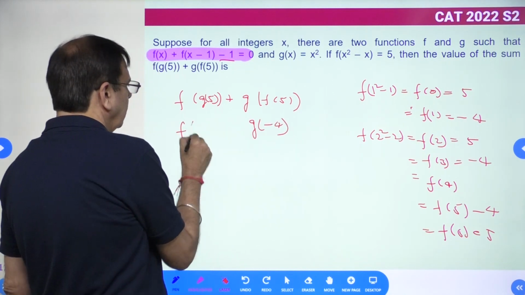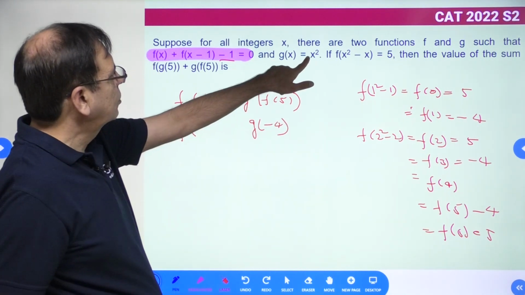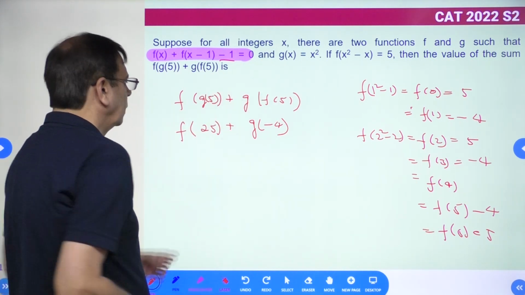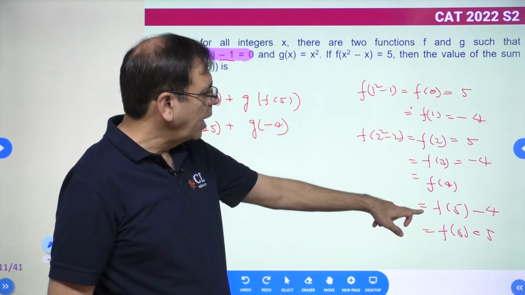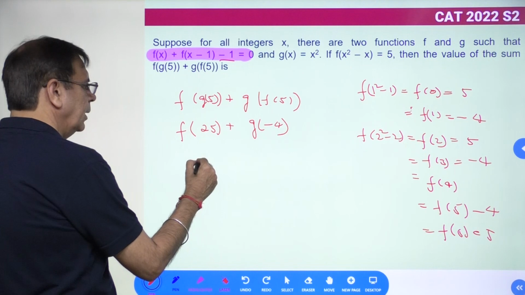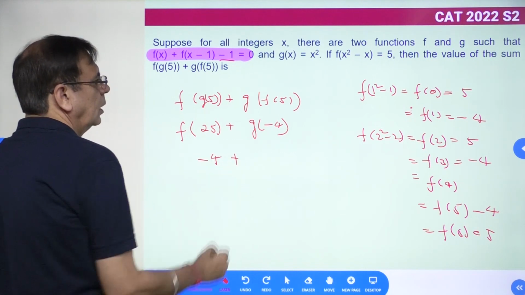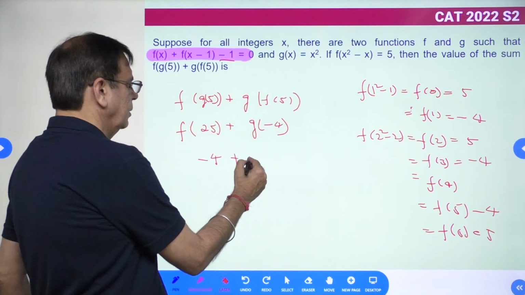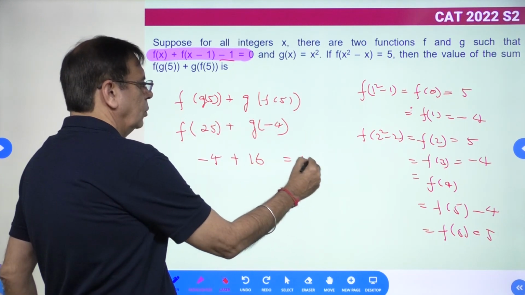And this is f of g5. What is g5? g5 is 25. What is f of 25? f of 5 is minus 5. All the odd terms are giving me minus 5, so this will be minus 5. And what is g of minus 5? g of minus 5 is 25. This should be equal to 20.